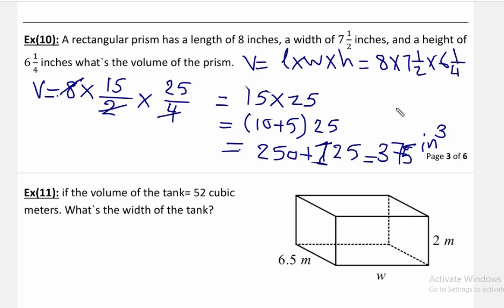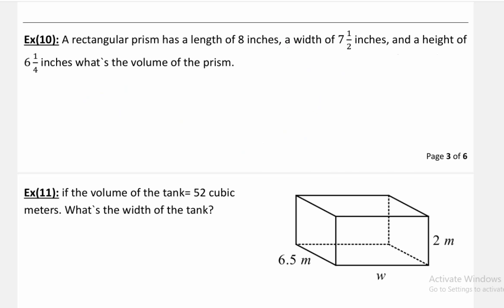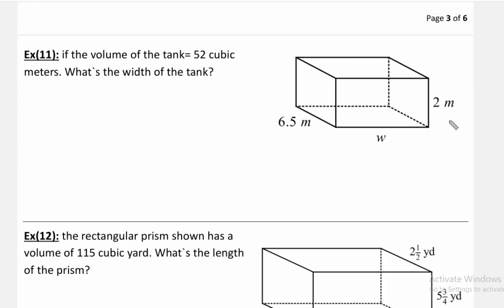If the volume of the tank is 52 cubic meters, what is the width of the tank? You know that the volume is equal to length times width times height. The volume is 52.